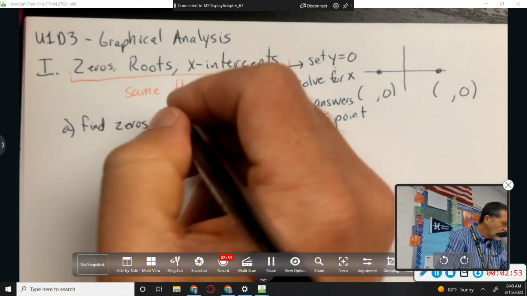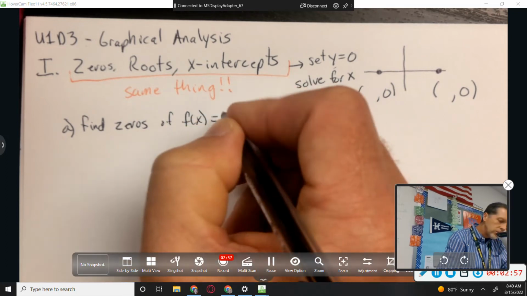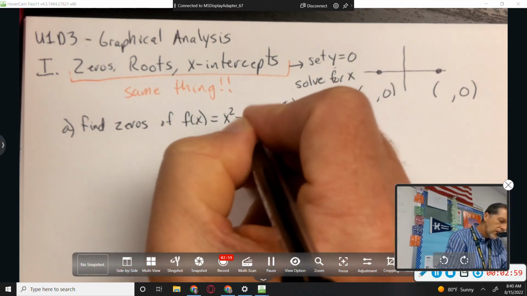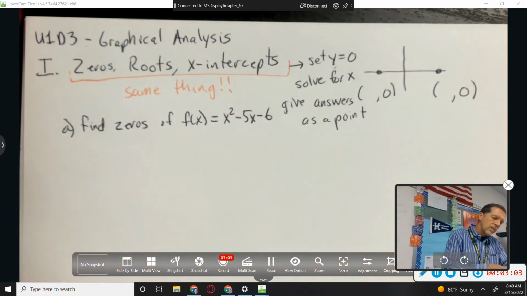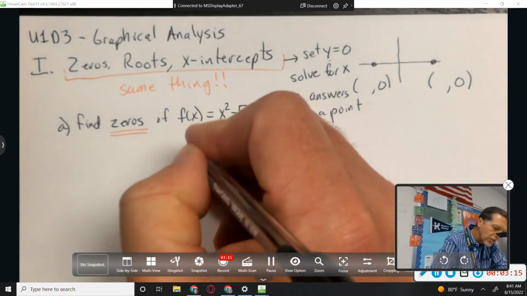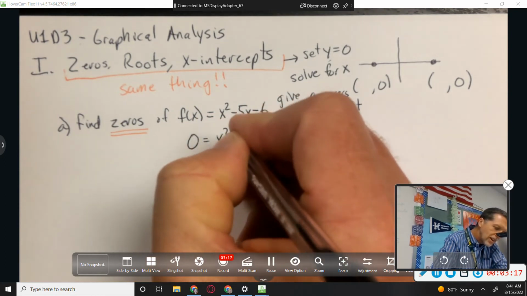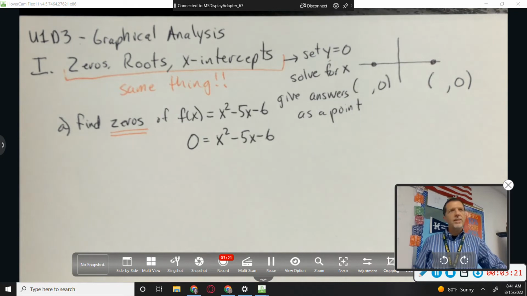So let's find the zeros of f of x equals x squared minus 5x minus 6. So part of this is just vocabulary. Do you know what we're asking for? Set it equal to 0. The other part is, well, do I know after I set it equal to 0, what do I do next?